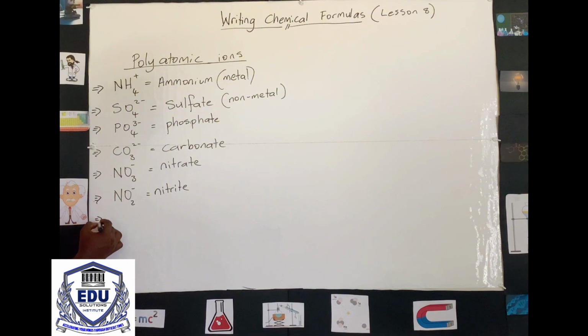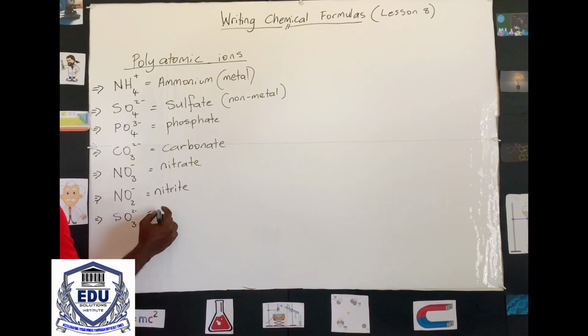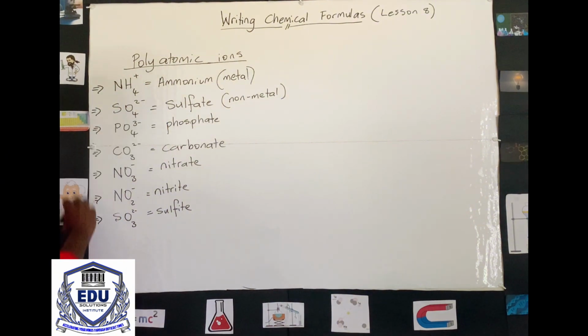We also have the sulfide, which is SO3, 2 minus. So these are popular polyatomic ions that we will use or you will see a lot of. Right? So you need to know them because you will see compounds with these names.